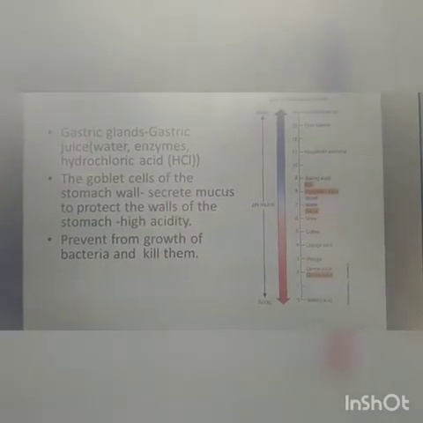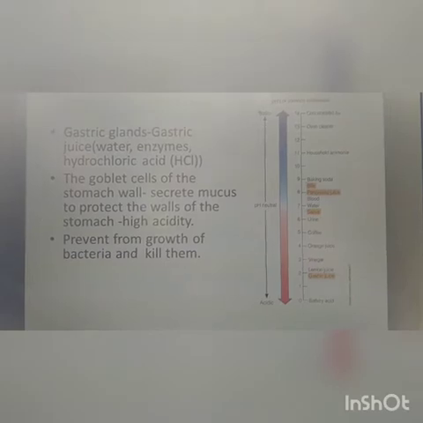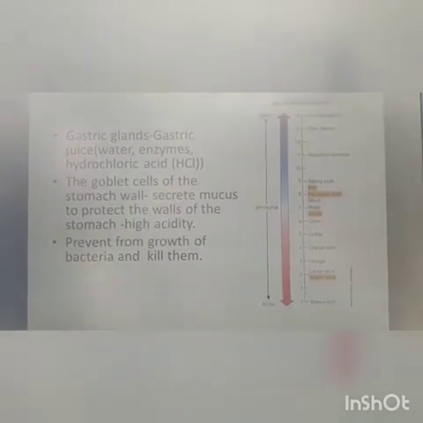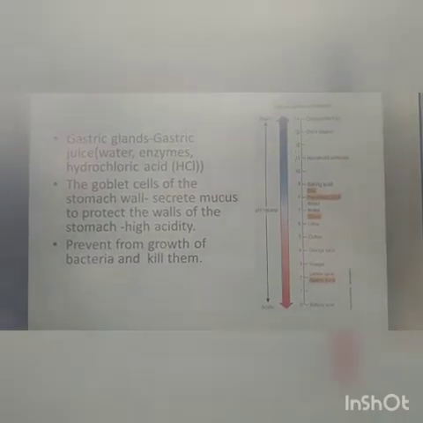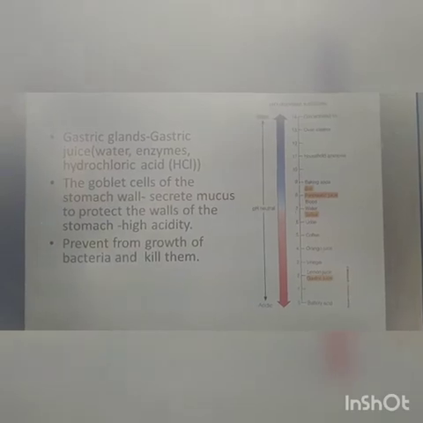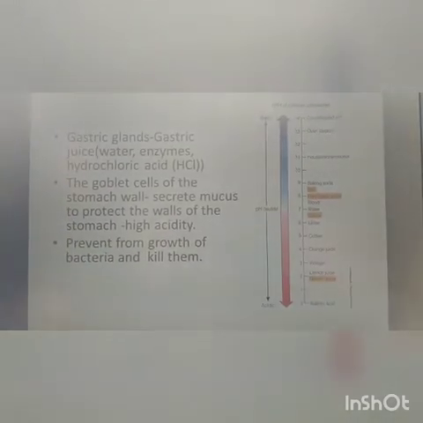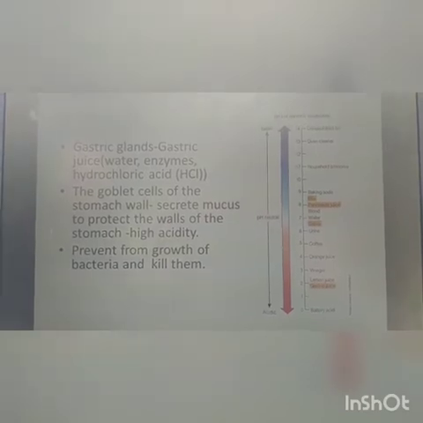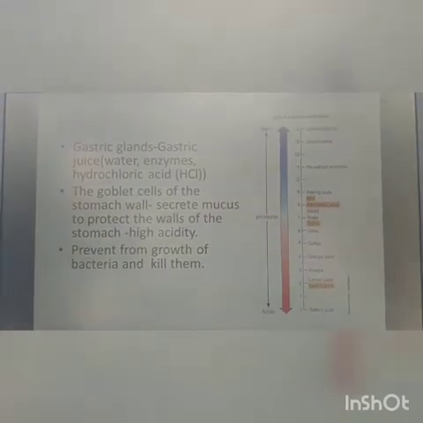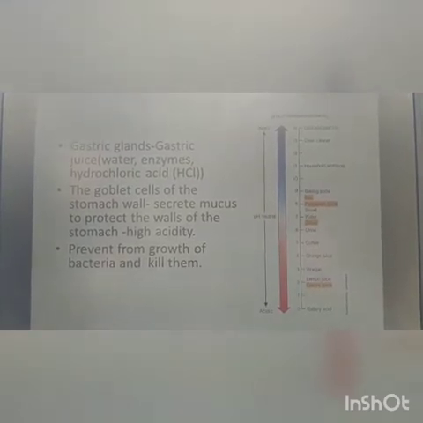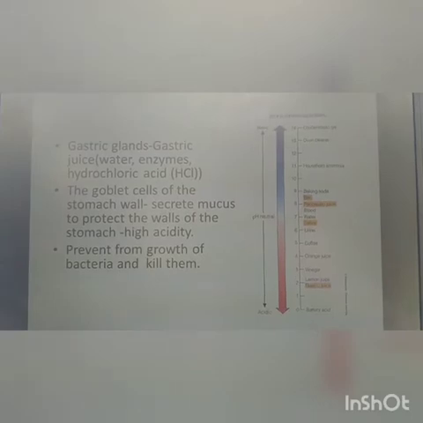Next is the gastric gland. Gastric gland will secrete gastric juice. Gastric juice contains water, enzyme and hydrochloric acid, which is HCl. The goblet cells of the stomach wall secrete mucus to protect the wall of our stomach from any bacteria inside.